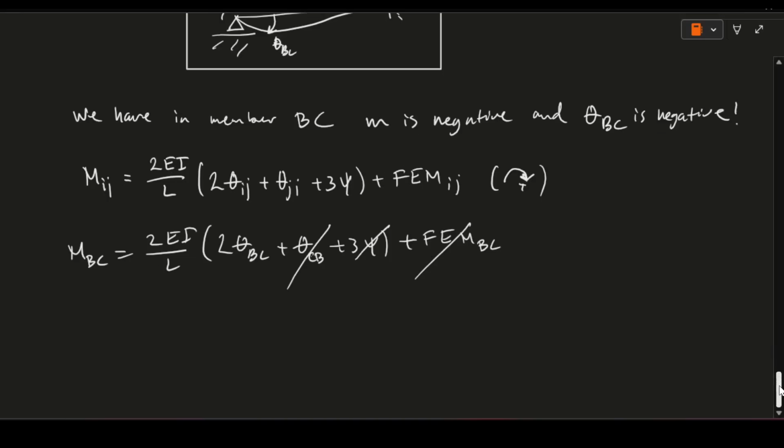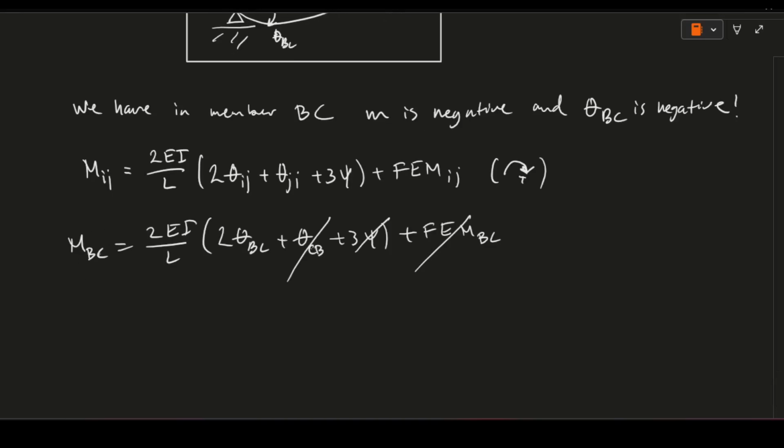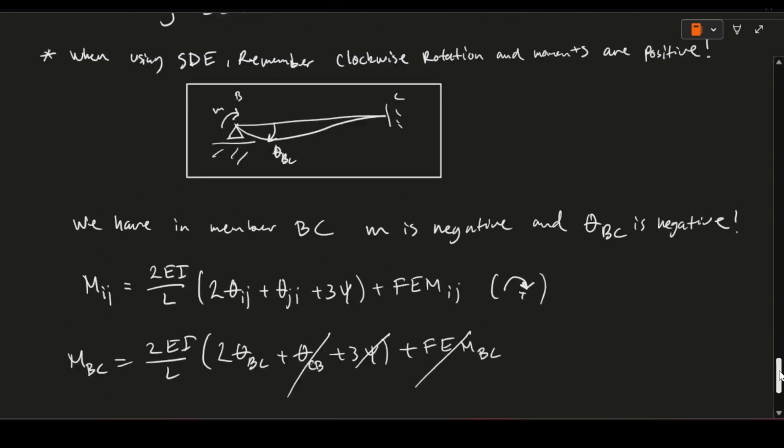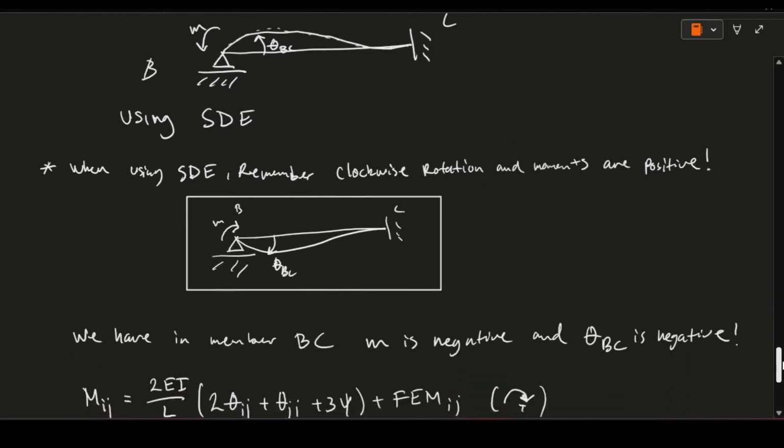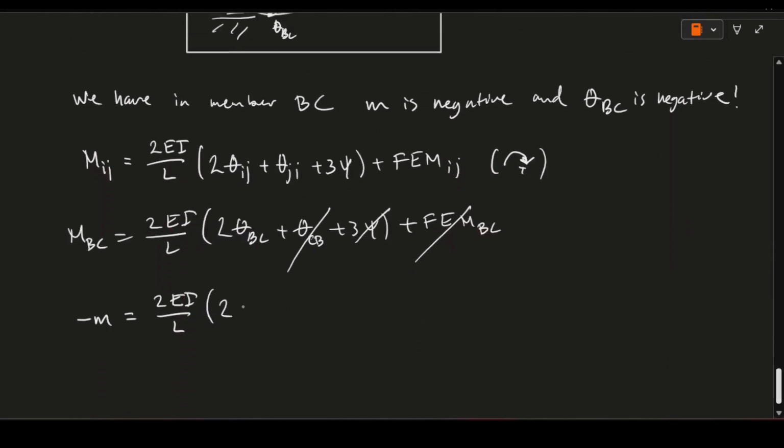That's what we want to calculate. But the moment BC, that is minus M, because we're going in the counterclockwise direction, equals 2EI over L times 2 theta BC. It's not positive, it's negative, it's going in the counterclockwise direction, minus theta BC.